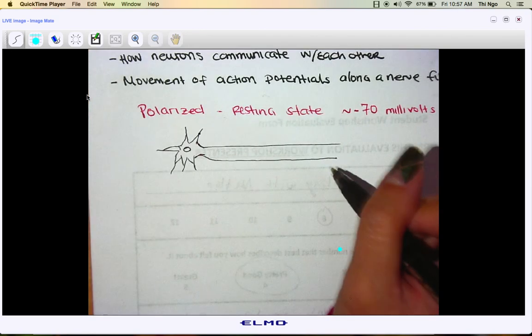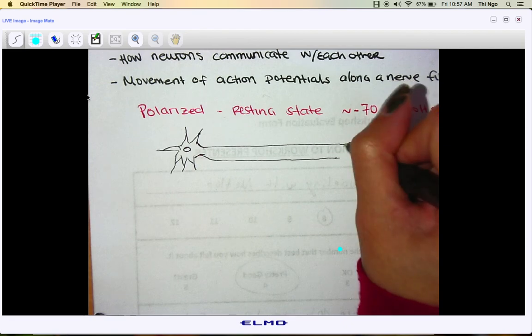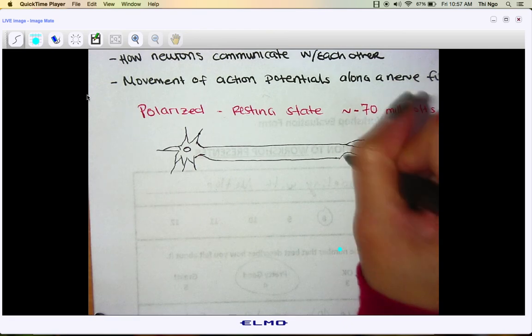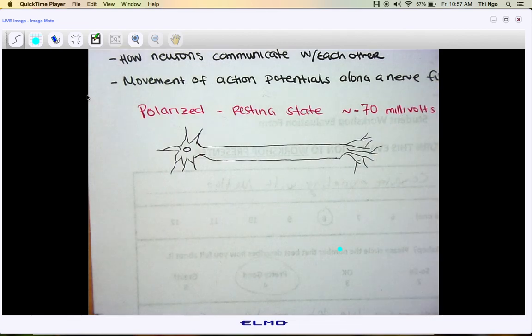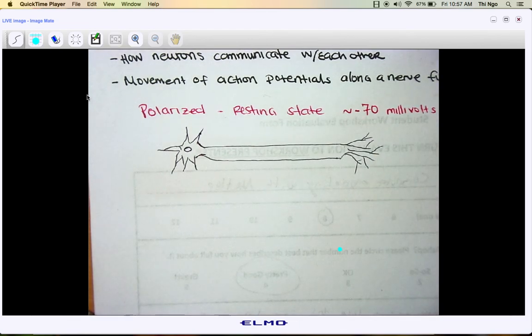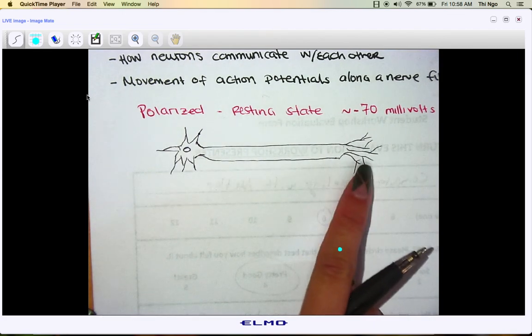At the ends of your axon, you have roots? What are these little hairy things hanging off the ends of the axons?